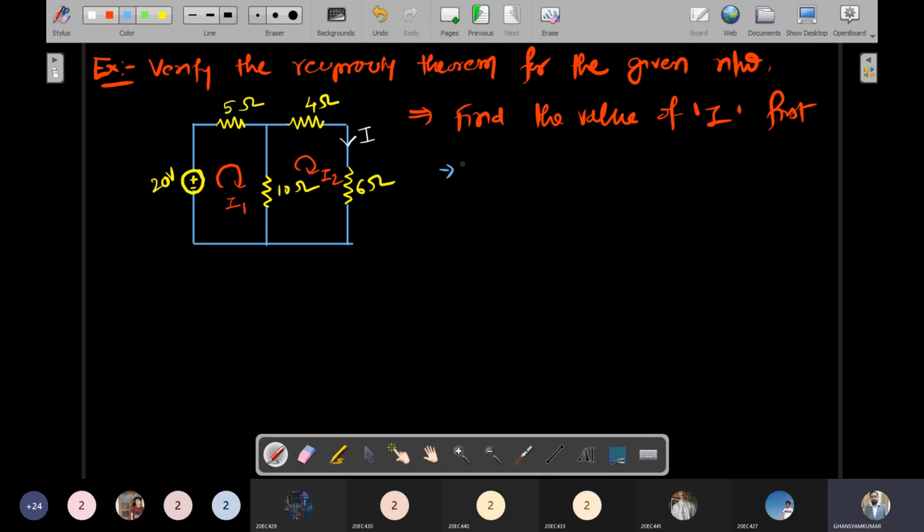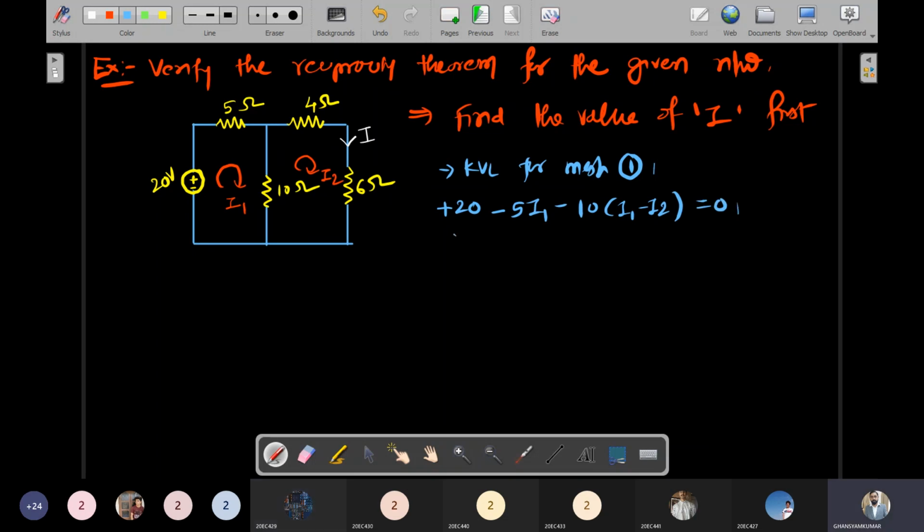So tell me the equation of KVL for mesh 1. It will be 20 minus 5I1 minus 5I1, then minus 10(I1 minus I2), correct, equal to 0.